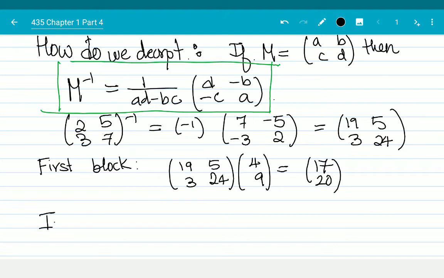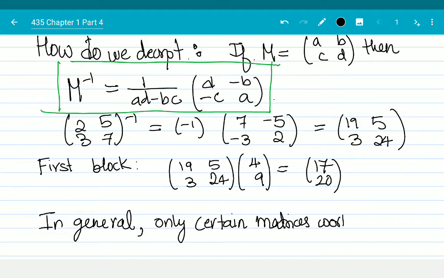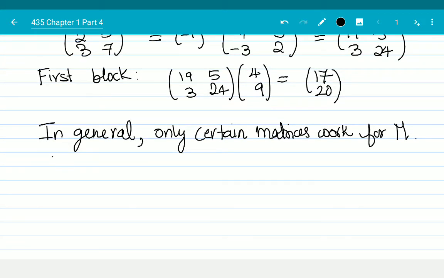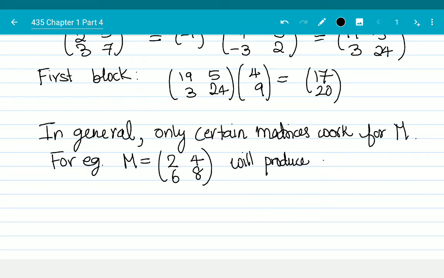In general, only certain matrices work for M. Not every matrix is going to work for M. For example, M equal to 2, 4, 6, 8 will produce only even numbers in the ciphertext, which means the map will not be 1-to-1.